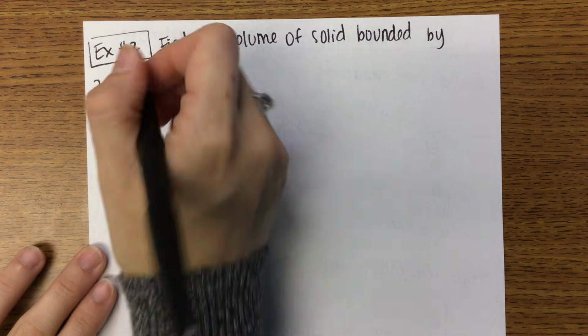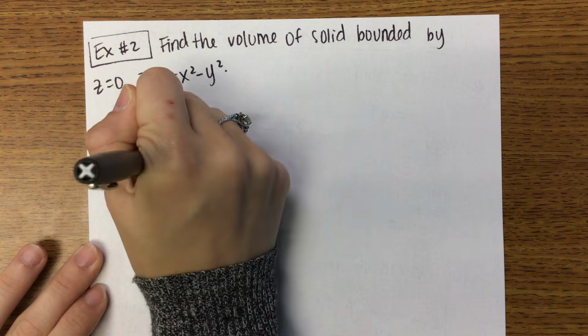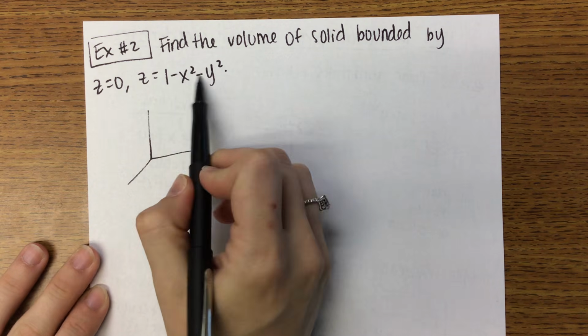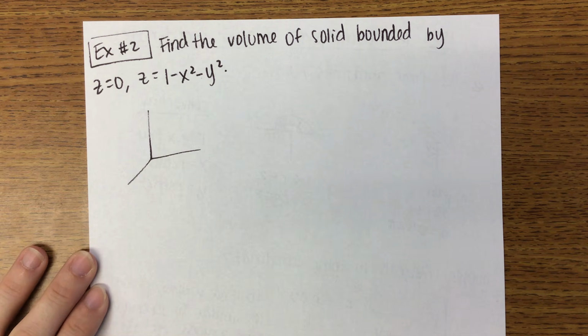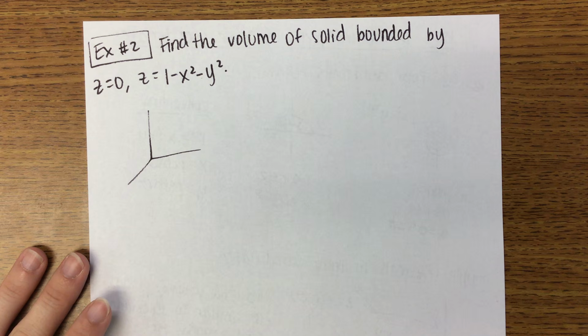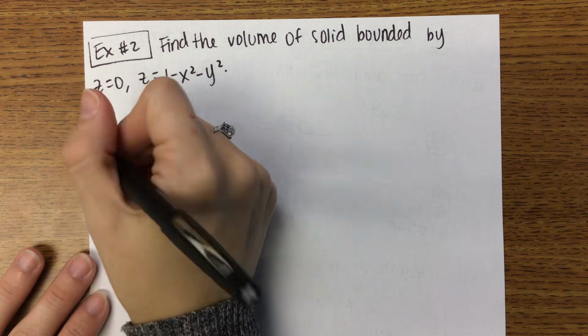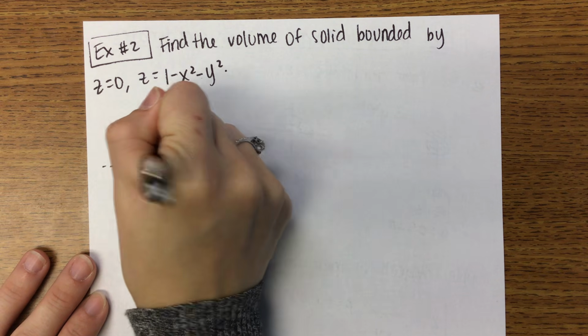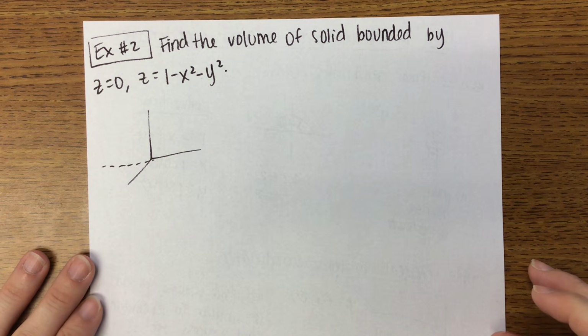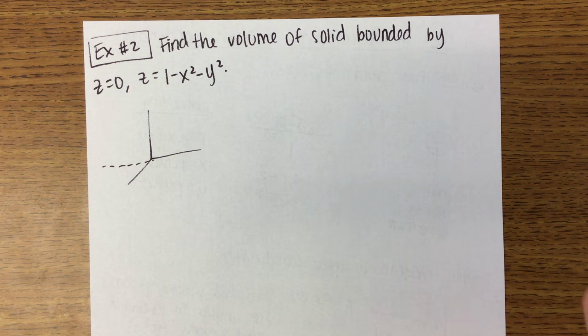Okay, starting out with a figure, z equals 0 is just a plane. Z equals 1 minus x squared minus y squared, what is that? If I were to graph it, what is it going to look like? We're going to have some trouble if we don't remember these graphs.